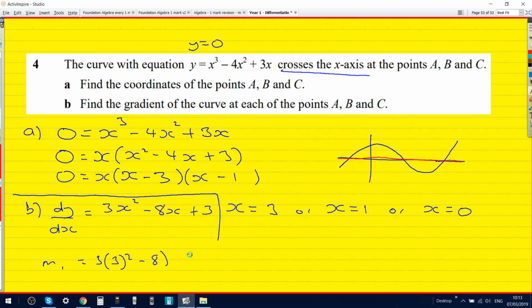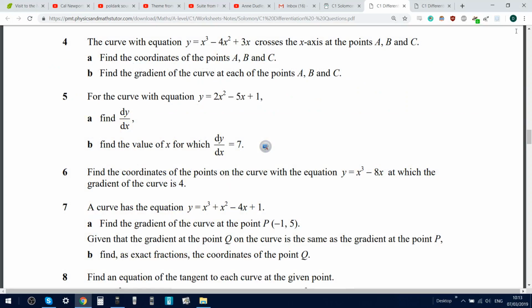It'd be much easier if you had the 991EX calculator, because then you can just put that in and it gives you x equals 3, x equals 1, x equals 0, or just old-fashioned factorizing. If it crosses the x-axis, that means it's when y is 0. Any questions about that one? No, I don't think so. Okay.